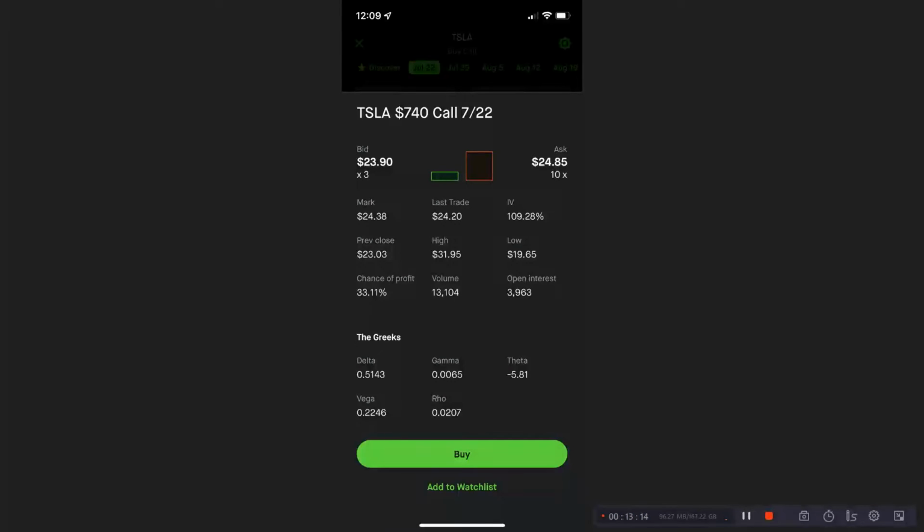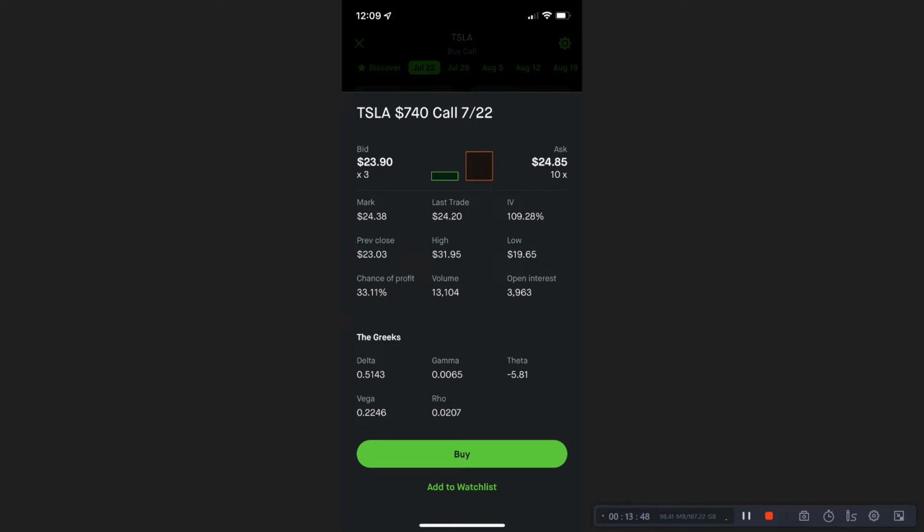I don't remember what the Tesla price was at the time. But anyways, this is how the contract works. This is a Tesla $740 call and it expired 7/22. I think I took this picture on 7/20, so it has 2 days till expiration, right?